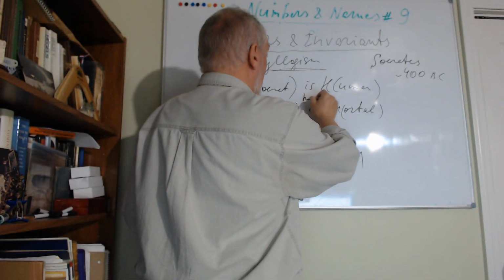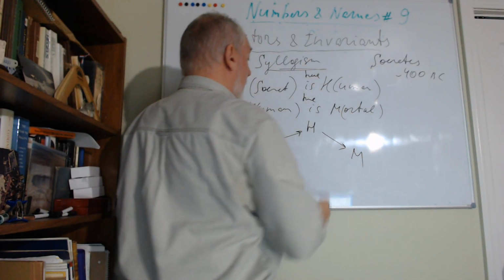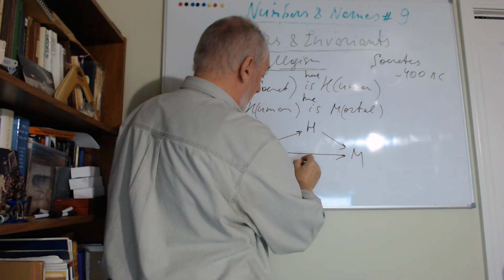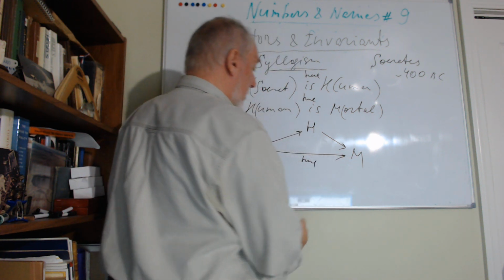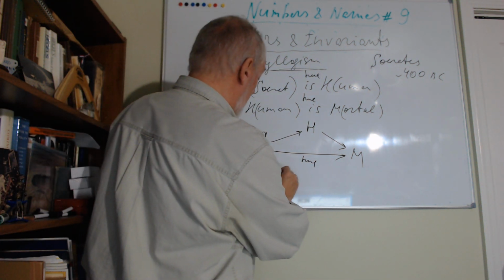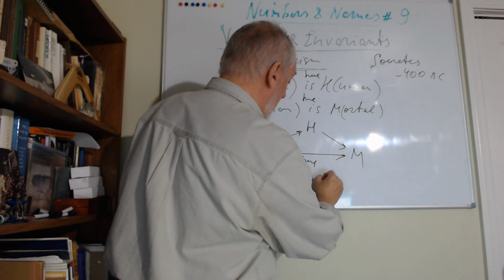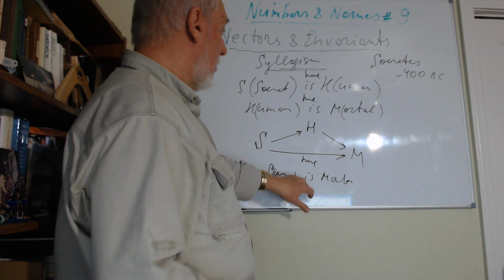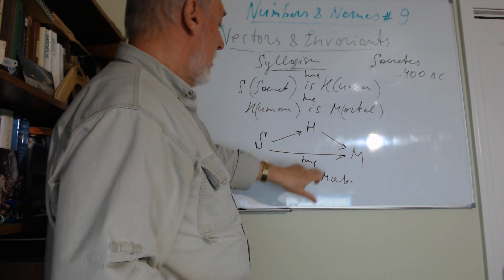In logic, if those things are both true, this vector is true too. So we say that Socrates is mortal. Makes sense. Because this is true and this is true, this is true.